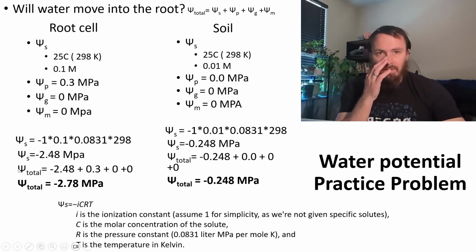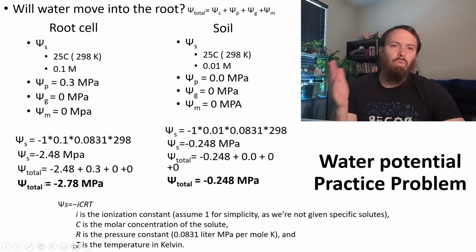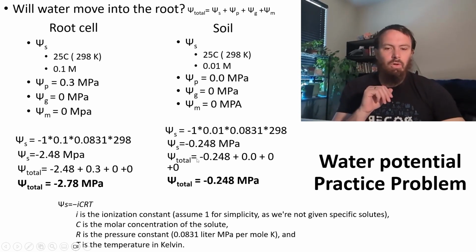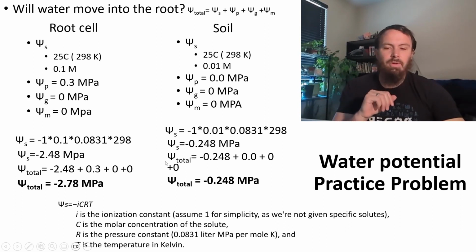Now, when we add the totals up for the root, we have 0.3 for pressure, negative 2.48 for solute, 0 for gravity, and 0 for matric. It gives us negative 0.278 for the total water potential. Now, for the soil, pressure is 0, gravity 0, and matric 0. So our solute potential is equal to our total water potential, which is negative 0.248.